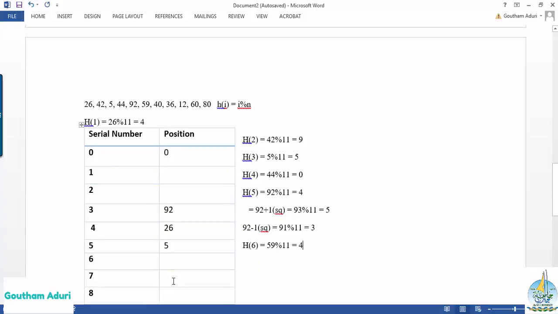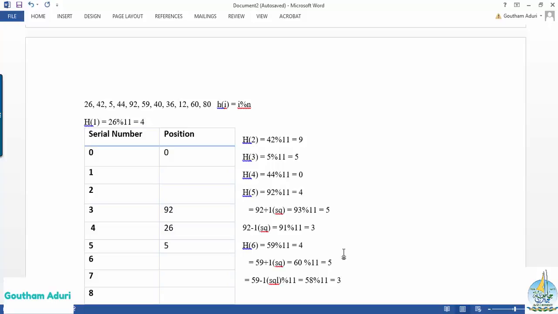The fourth position is also collided, so now I have to increment by 1 squared and decrement by 1 squared. 59 plus 1 squared is 60, and 60 mod 11 is 5, which is also a collision. Then 59 minus 1 squared is 58 mod 11, which is 3.